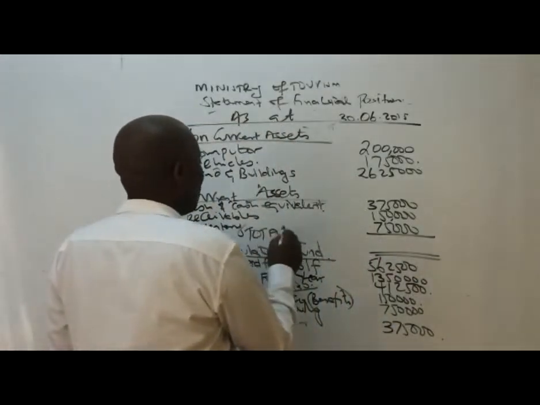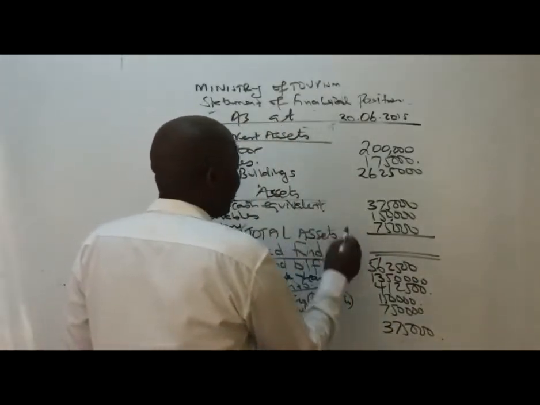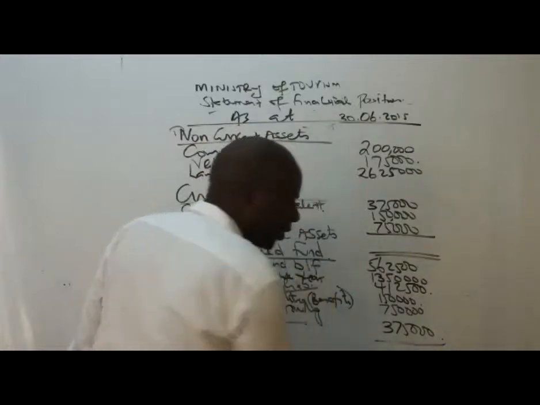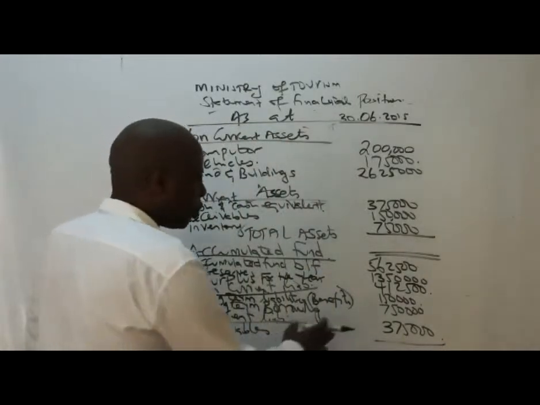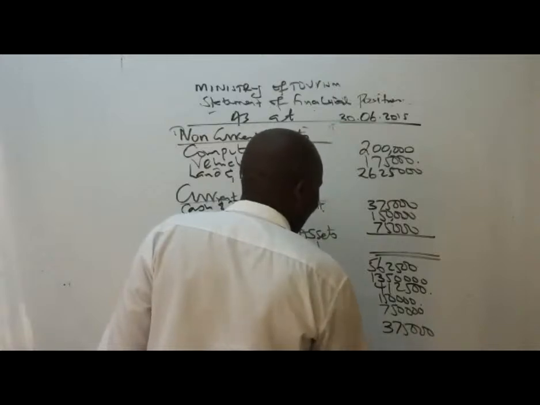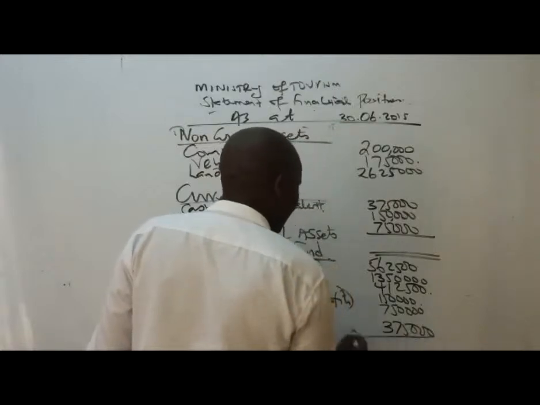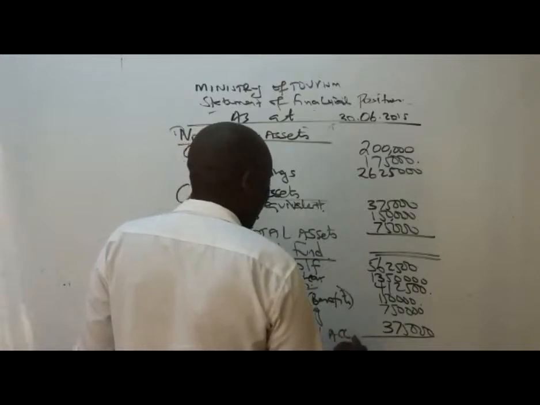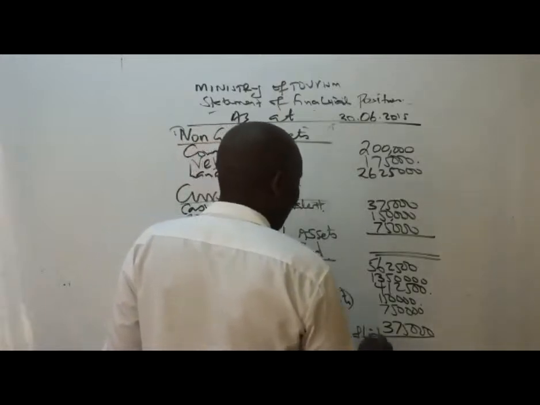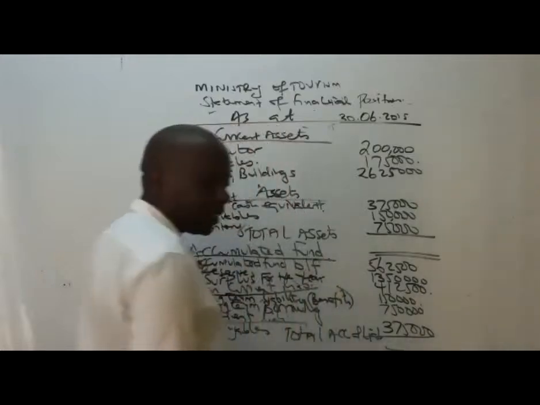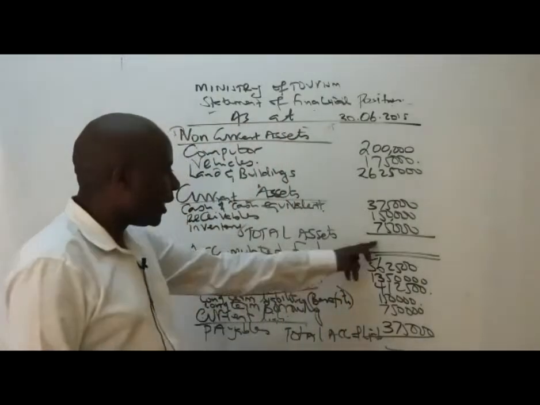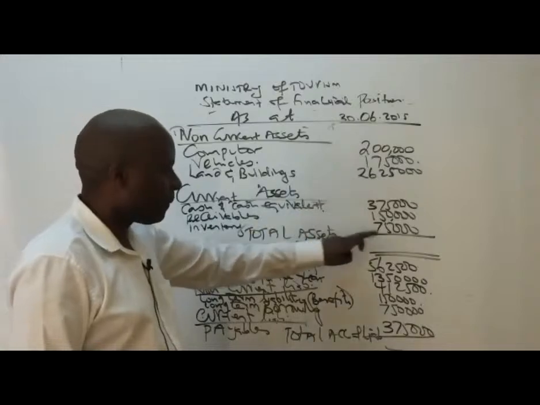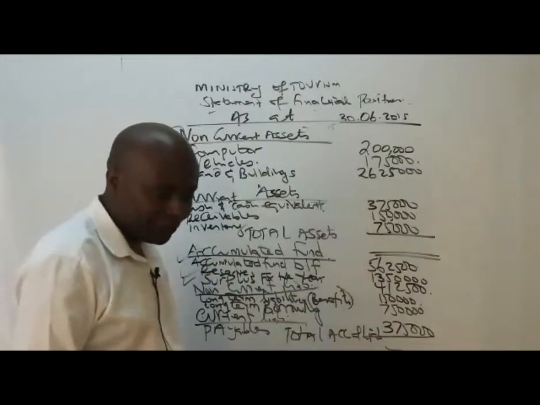And then some other students should come and add for us to give us the total accumulated fund and liabilities. Somebody should add this. Give us a figure. We're adding everything.